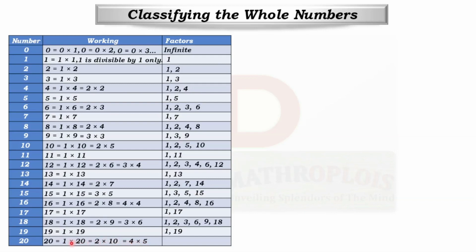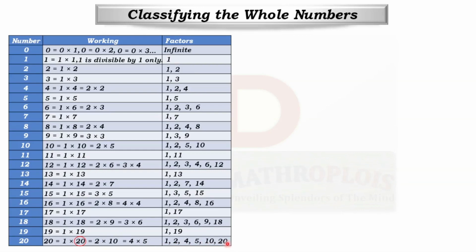In this case, first factor is 1, second factor is 2, third factor is 4, fourth factor is 5, fifth factor is 10, sixth factor is 20 itself. It means 20 has 6 factors. So, 20 has more than 2 factors.